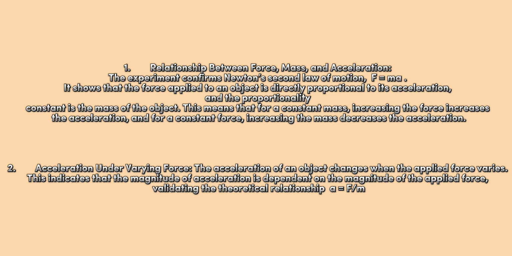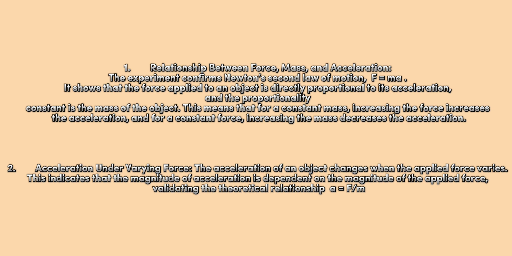Relationship between force, mass, and acceleration. The experiment confirms Newton's second law of motion, F equals ma. It shows that the force applied to an object is directly proportional to its acceleration, and the proportionality constant is the mass of the object.